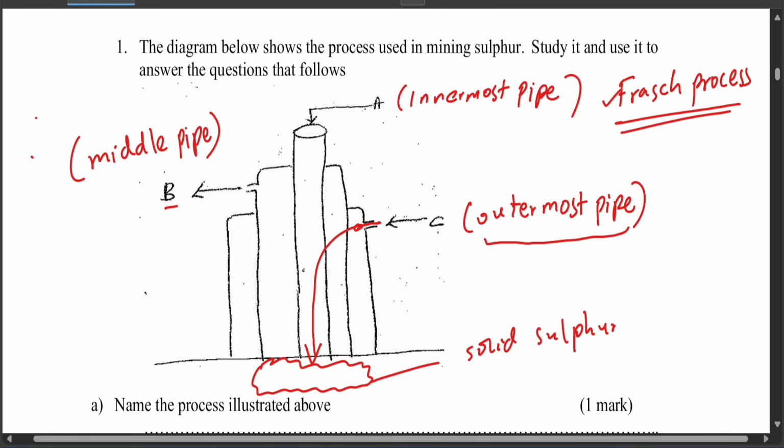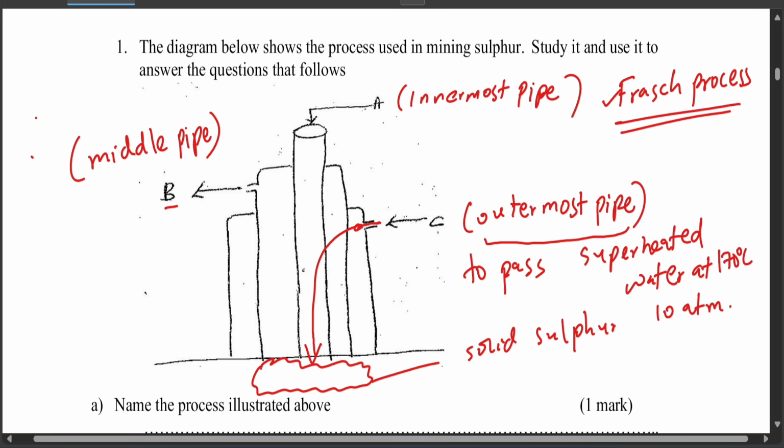So the function of the outermost pipe is just to pass superheated water at 170 degrees Celsius and 10 atmospheres, so that you can melt the sulfur deposits into molten sulfur.